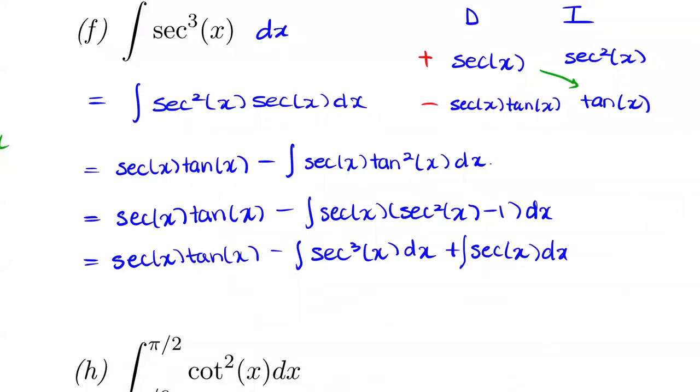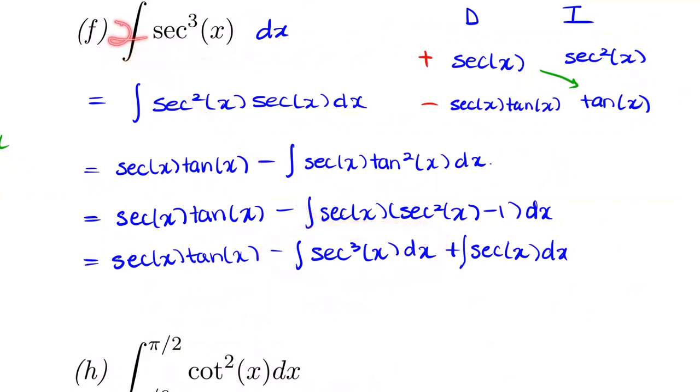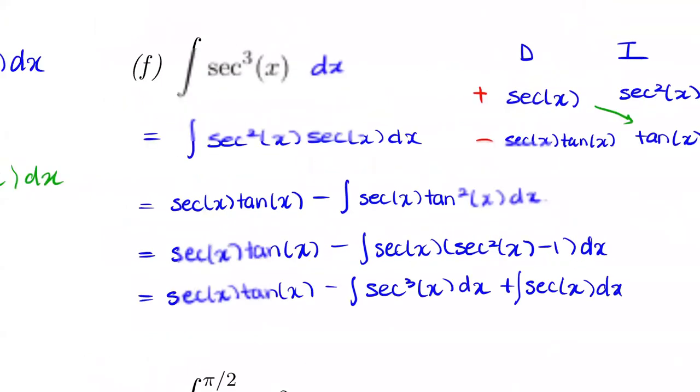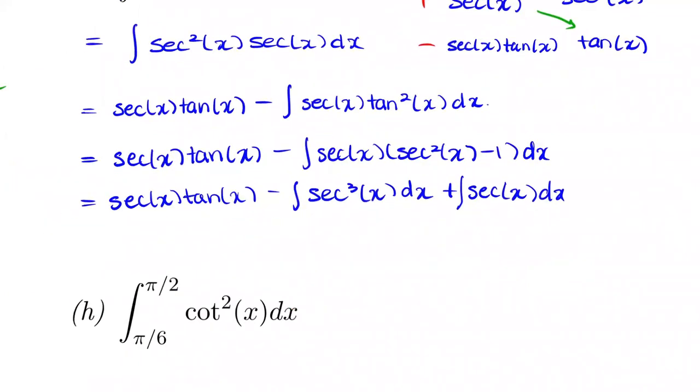Now observe that we also have this secant cubed of x. So I'm going to take this and bring it to this side here. So that means we're going to have a 2, and then we're going to divide it by 2. This integral we already calculated in one of the parts, which is part C. So let's go ahead and put that in.